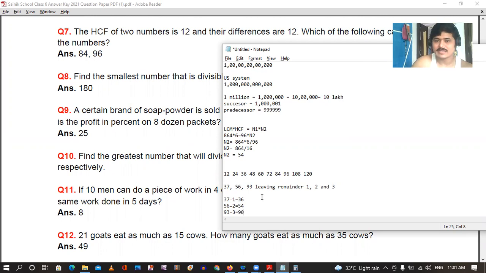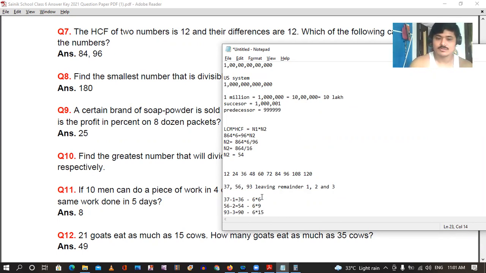Now, let's find the factors of these. 36 means 6 into 6. 54 means 6 into 9. And 90 means 6 into 15.